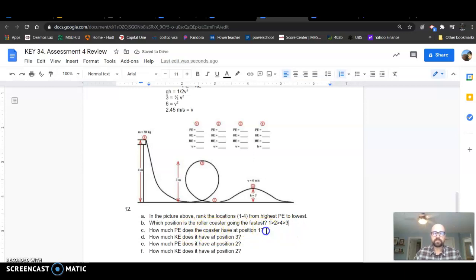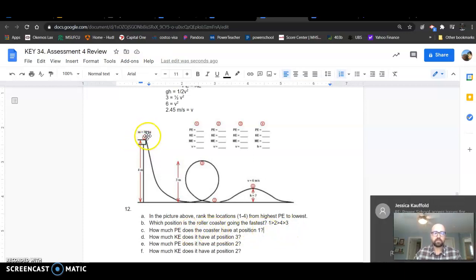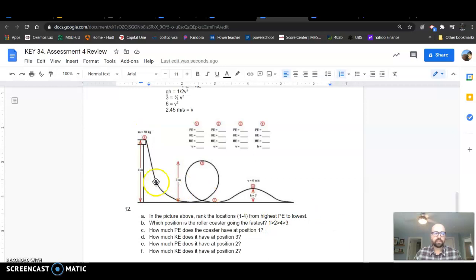How much potential energy does it have at position 1? So m times g times h, so 50 times 10, 500 times 4 equals 2,000 joules. How much kinetic energy does it have at position 3? So here it's on the ground, so all the potential is converted to kinetic, so that's going to be 2,000.